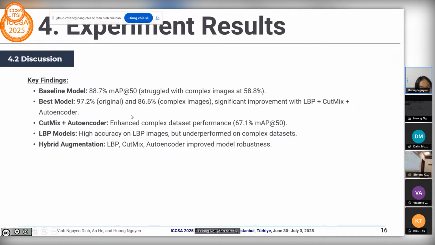And interestingly, CutMix and autoencoder alone already make a big impact on generalization. And for the LPP-only model, it was very good at detecting patterns in texture in clean images, but didn't generalize well to real-world complexity. So overall, hybrid augmentation is not just helpful; it's essential for building robust models.